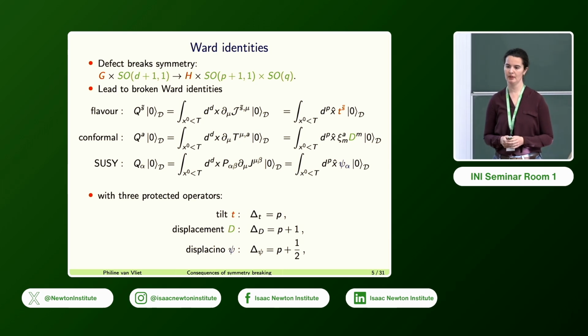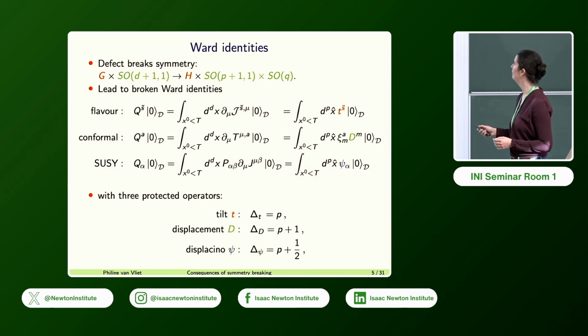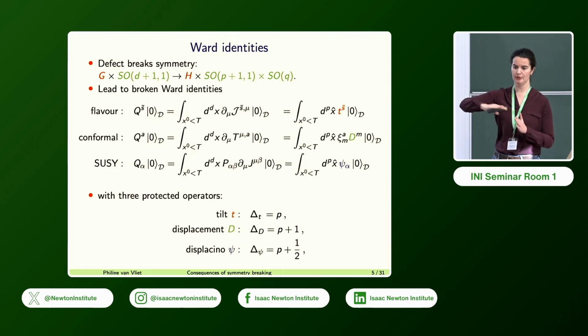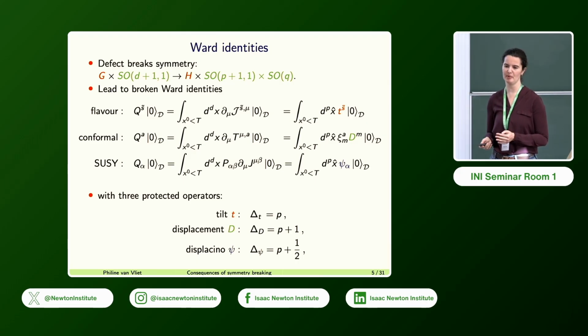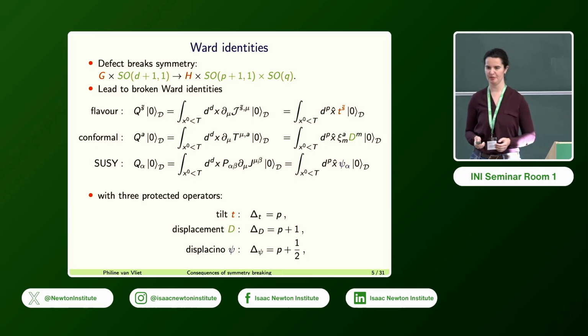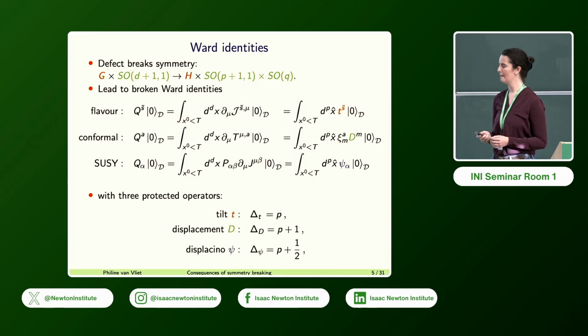The integral does not include an intersection. This integral is on a hypersurface that intersects the defect. I will have some pictures later on. Maybe it will become clearer if I do it explicitly, and then you can ask again if it's still not clear.